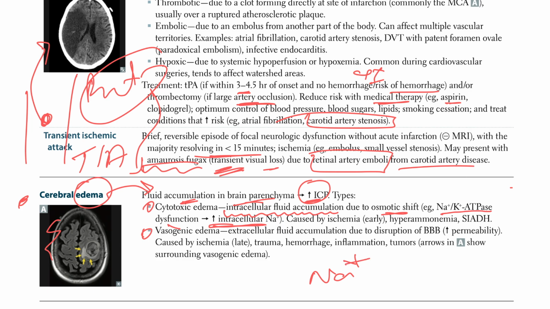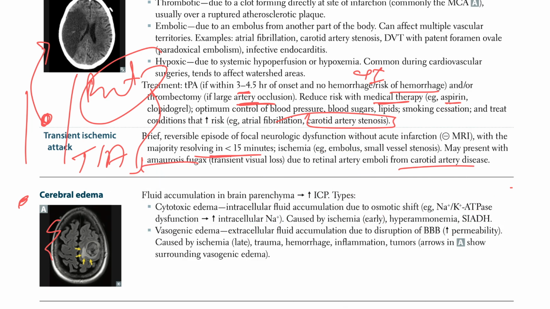When you increase sodium extracellularly, you're going to draw more fluid out, and that's going to cause edema. Right? It is caused by ischemia, because the pump needs ATP. When you cannot provide that ATP, there's a dysfunction of sodium potassium ATPase. Simple thing, right? Hyperammonemia and SIADH, all of these are causes of cytotoxic edema.